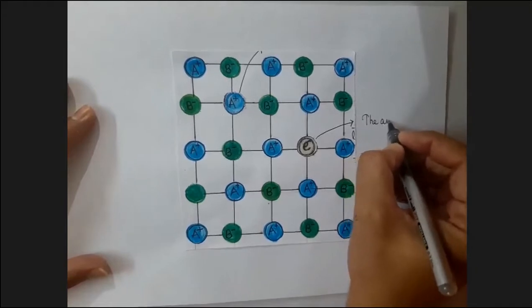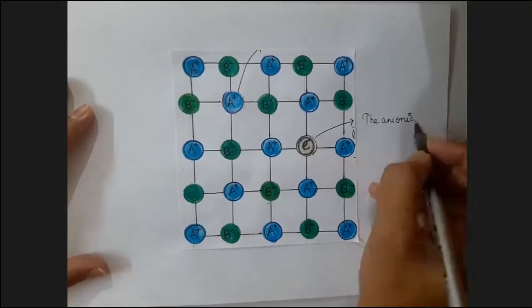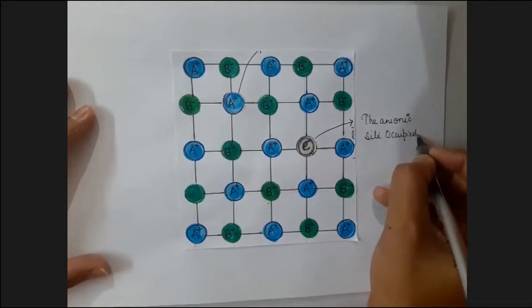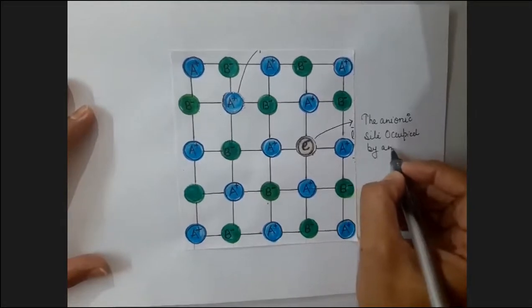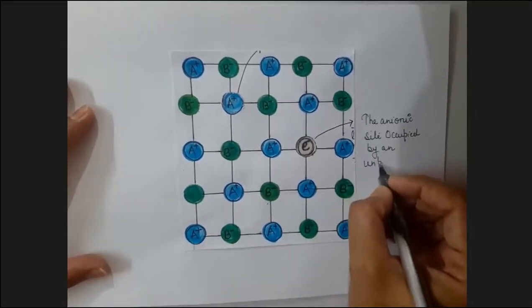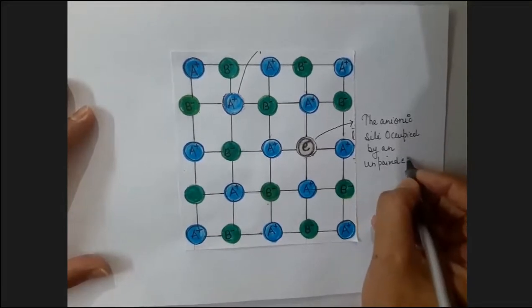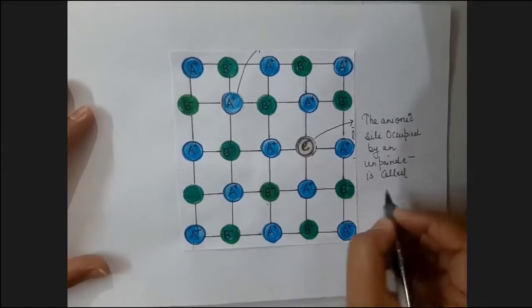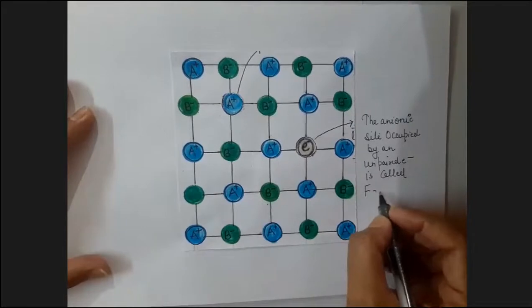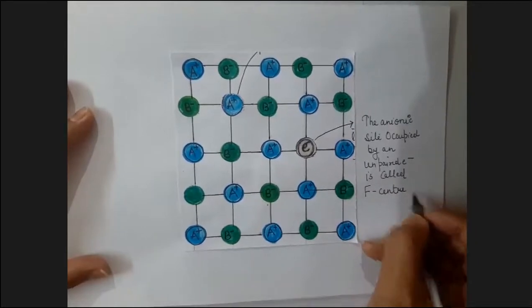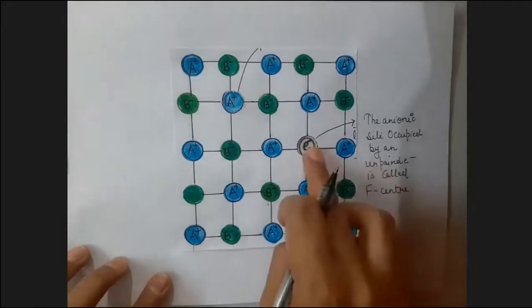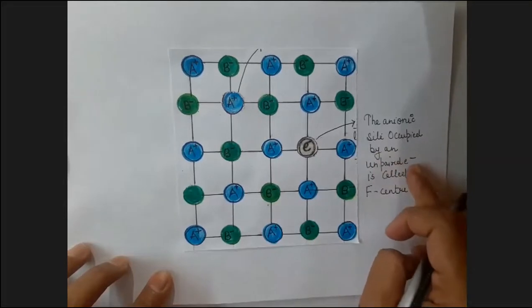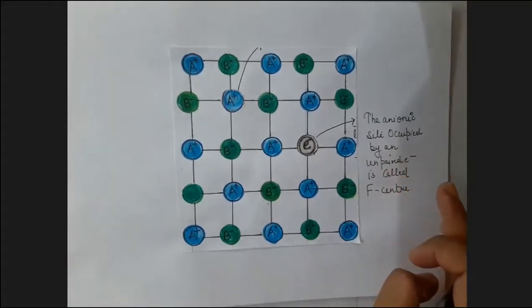The anionic site occupied by an unpaired electron is called F center.